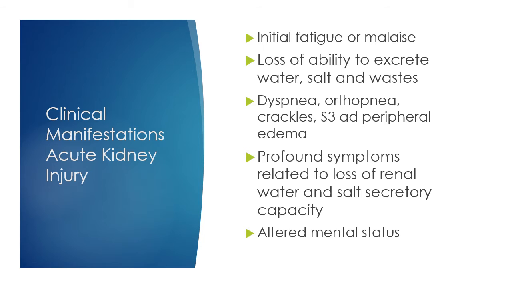Clinical manifestations can include fatigue, malaise, loss of ability to excrete water, salt, and waste. Patient will become dyspneic with orthopnea, crackles, an S3, and peripheral edema. And then the symptoms related to loss of renal water and salt secretory capacity that leads to various electrolyte disturbances and altered mental status.